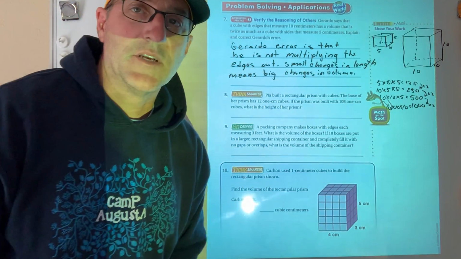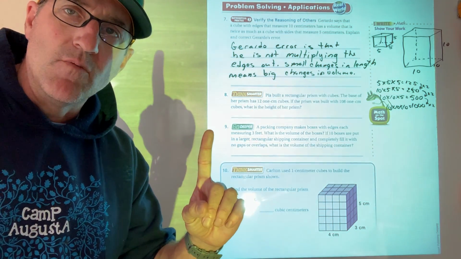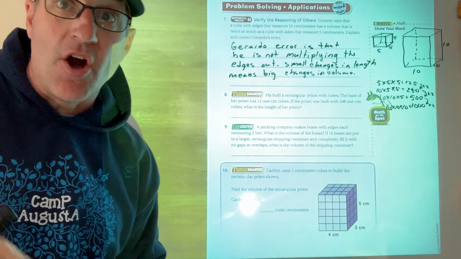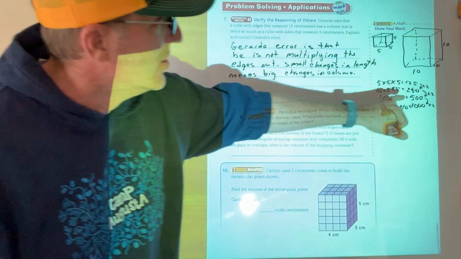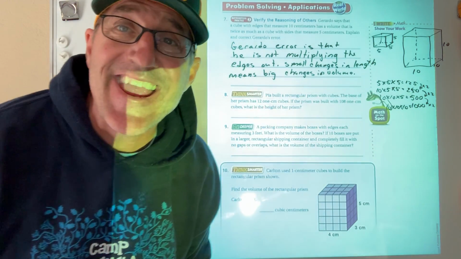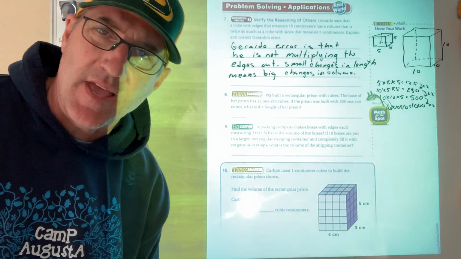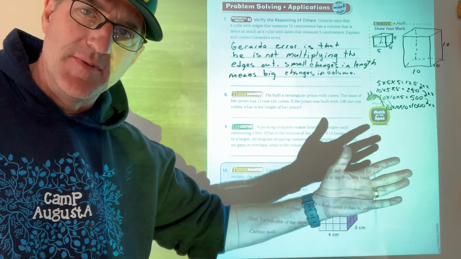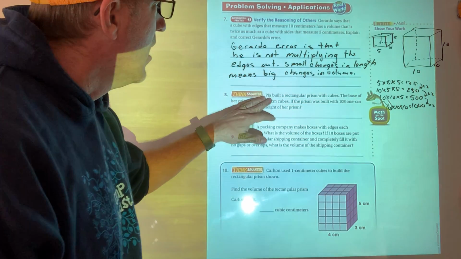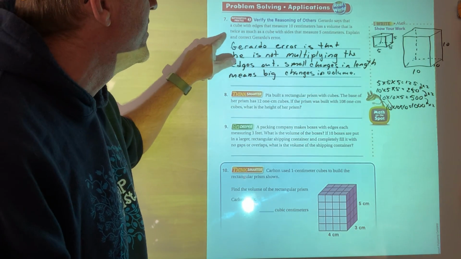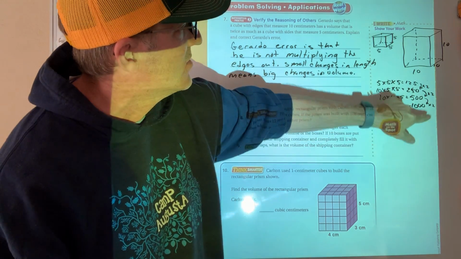Just doubling one side will double the entire volume. Doubling all of the sides is going to be 2 times 2 times 2, 8 times as big. So small changes lead to big changes in volume. All right, I think we did that. Okay, cool. And here are our answers.